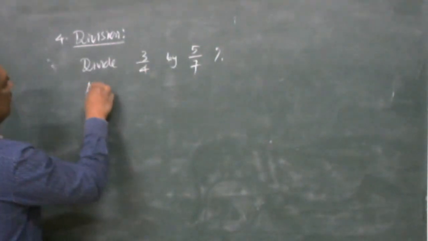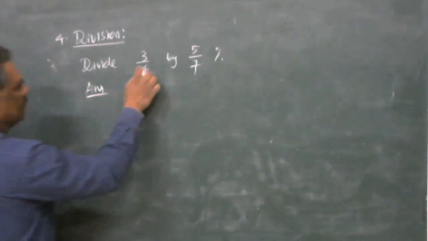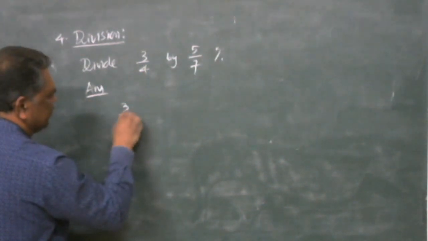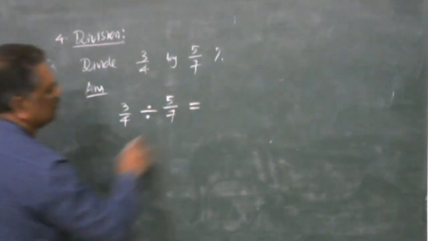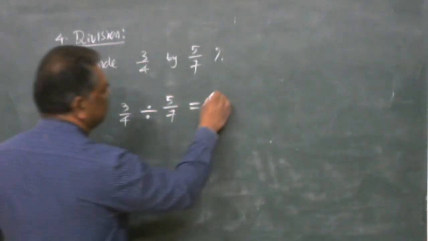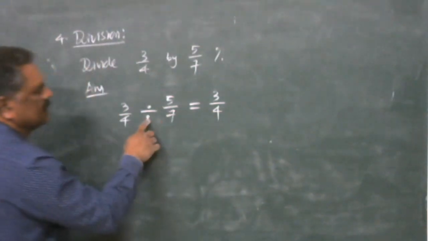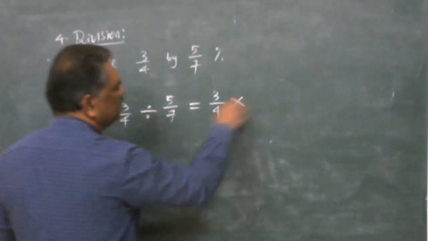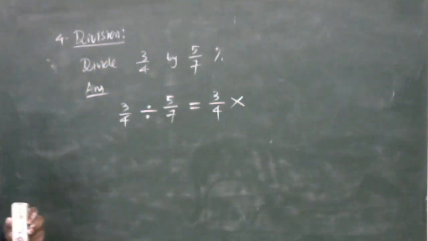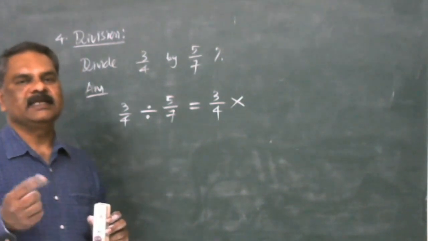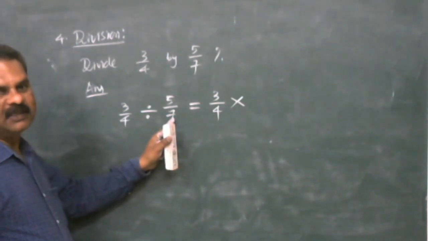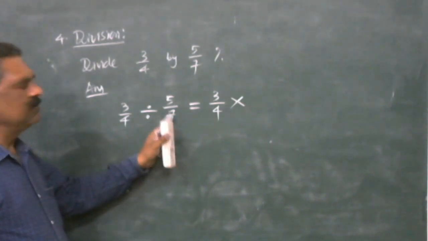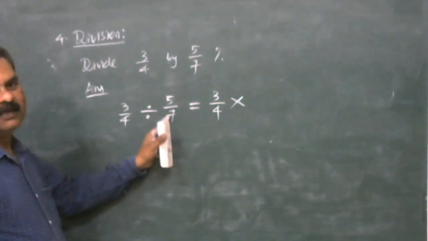So the simple rule says: first fraction divided by second fraction 5 by 7. 3 by 4 you write as it is, and the division you convert into multiplication. See, multiplication is the opposite of division. So what is the opposite of this number? We call it the reciprocal of this fraction.